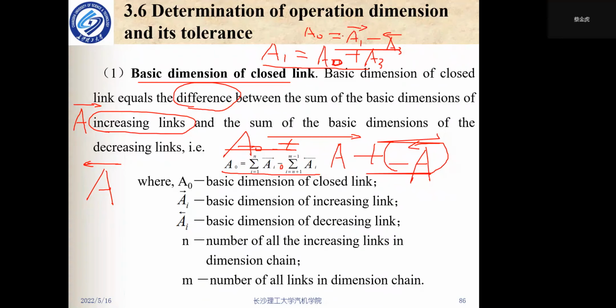If we have many increasing links, we use this symbol, summation. And if we have many decreasing links, we have this symbol, summation, and then this one comes out.